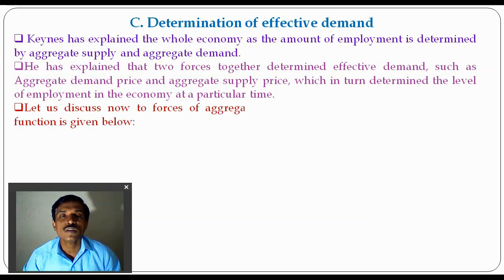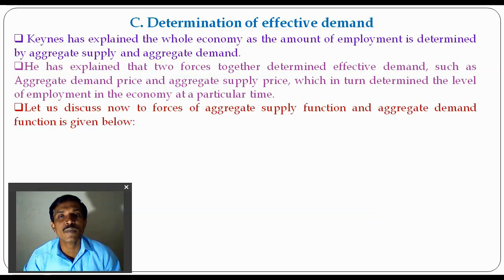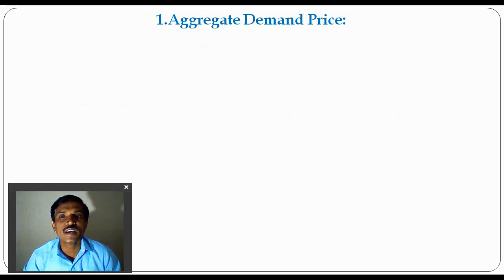So let's now discuss the aggregate supply function and aggregate demand function, which determine the effective demand. Effective demand is the point where the aggregate demand and aggregate supply intersect and are equal to each other. So first we look at the aggregate demand price.